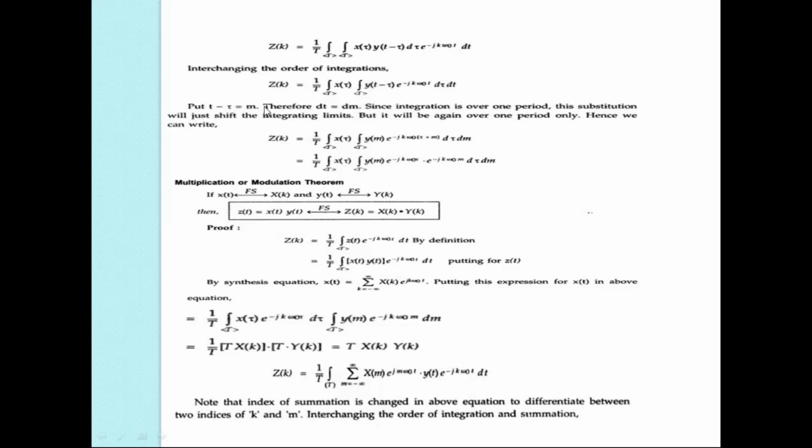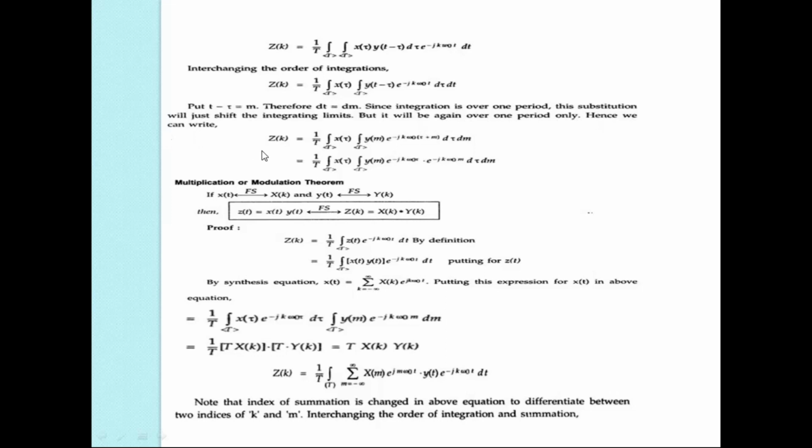As usual, by substituting t minus tau equal to m, therefore dt is equal to dm. Since the integration is over one period, this substitution will just shift the integration limits, but it will again be over one period only.